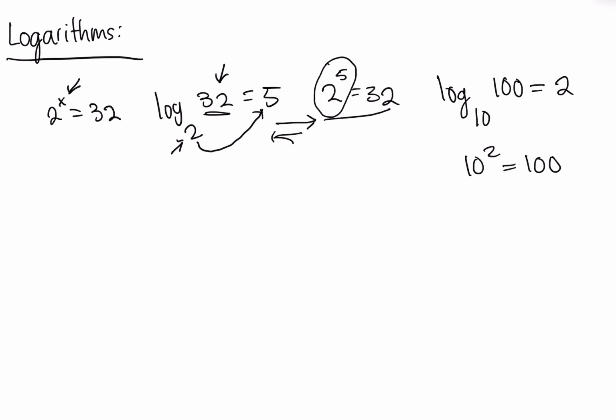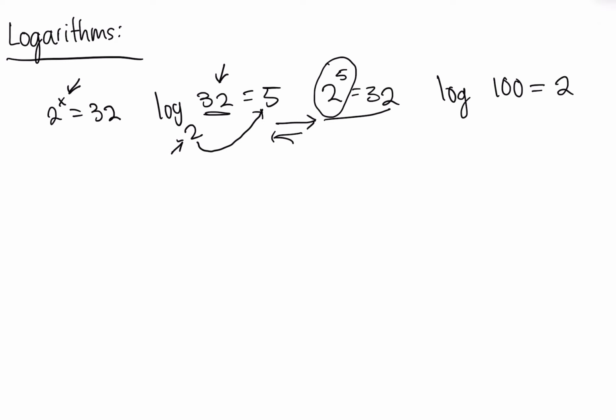So, if exponents are like, how big can I grow something? Logs are like, how many times did I multiply to get here? Also, if there's nothing on the bottom here, then you assume it's a 10.